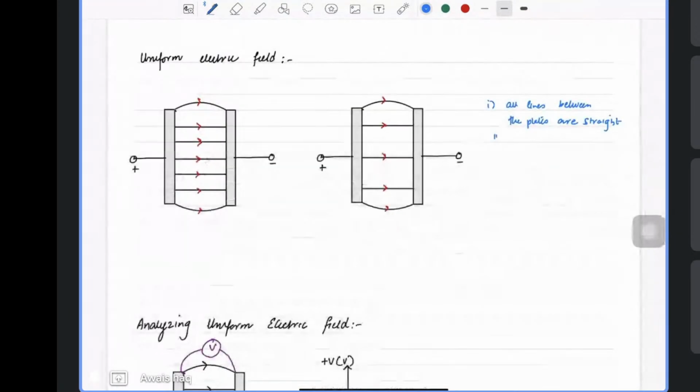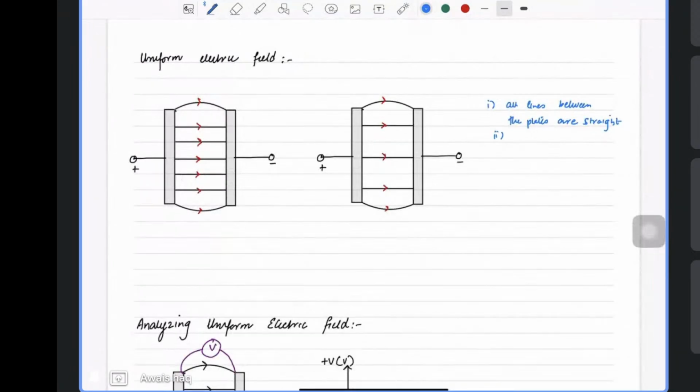The second thing you should remember is that they are all equally spaced. The third thing you should remember is that they have a constant electric strength at all points within it. So that's why it is called uniform electric field.